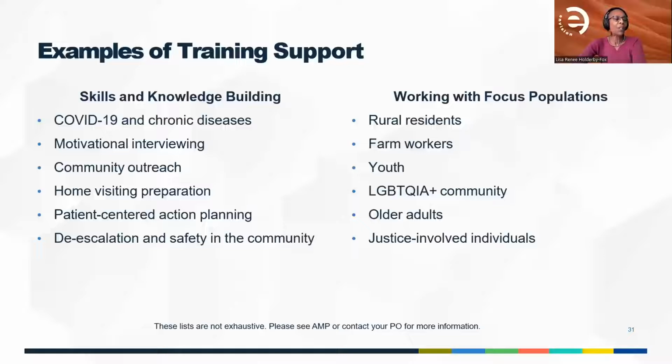There's also support for training around working with focused populations that have been identified by the CCR-2109 recipients, such as working with rural residents, farm workers, youth, older adults, and we have deep expertise working with racial and ethnic populations, including indigenous peoples. I also want to say that this is not an inclusive list of the TA training support that we can offer. We're just giving you a sample. Next slide, please.